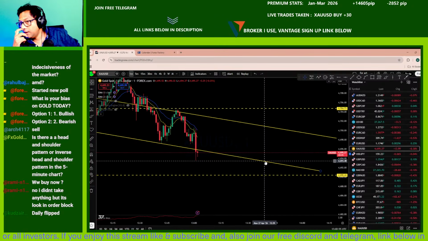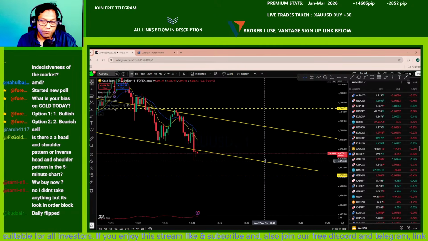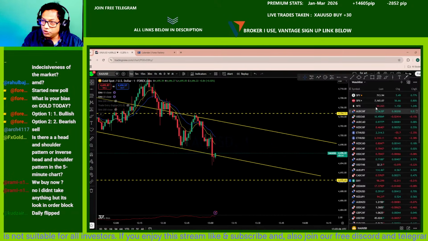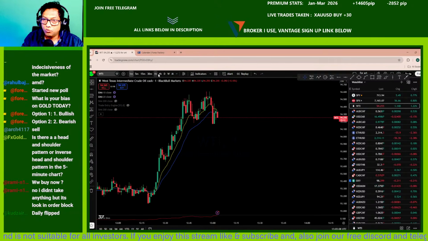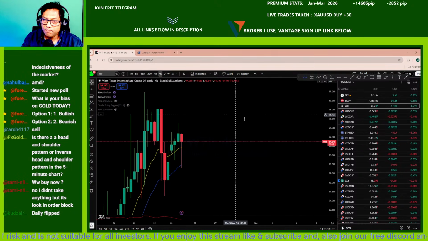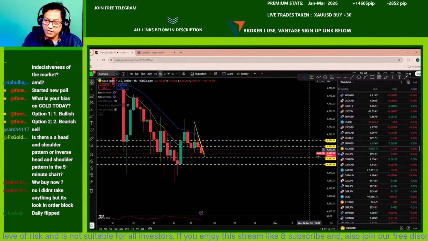XAUUSD is highly related to WTI also. When oil is bullish, you can see that oil shows bullish momentum and gold is showing bearish, because there's energy and metal.